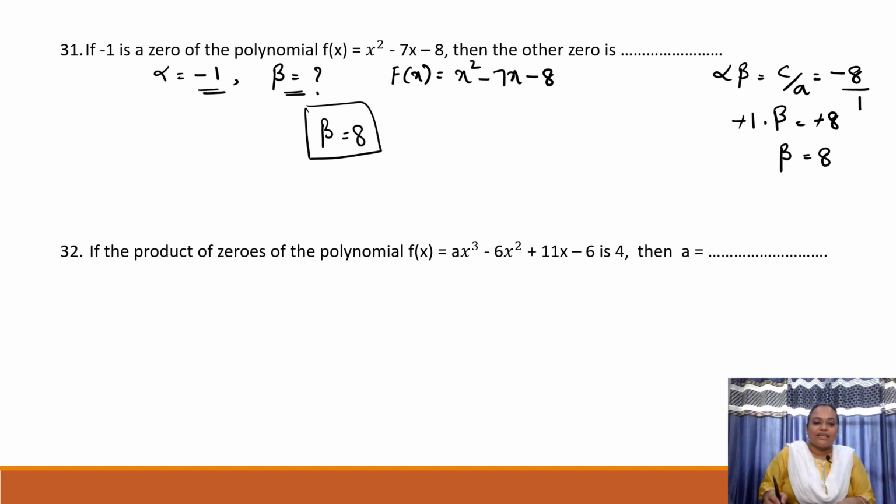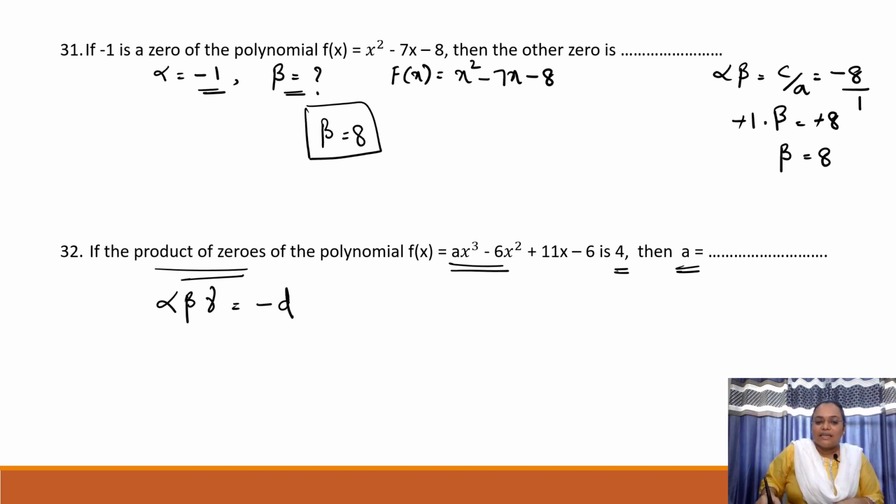So, the next question is, if the product of zeros of this cubic polynomial is 4, then we need to find the value of a. Okay. So, what is the product of zeros of the cubic polynomial? That is alpha, beta, gamma. Right? What is alpha, beta, gamma? That is minus d by a. Right? What is d by a?